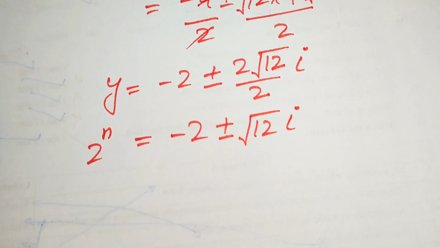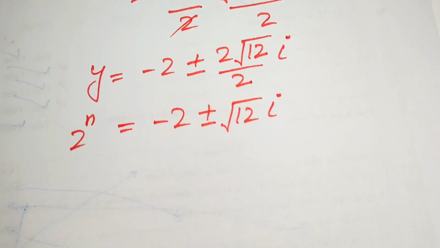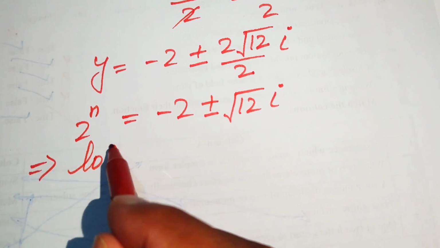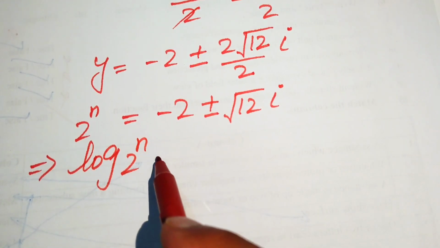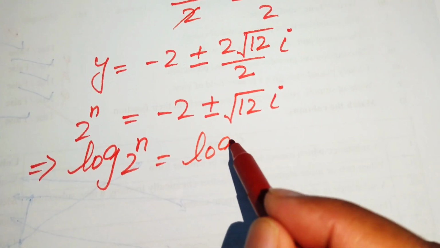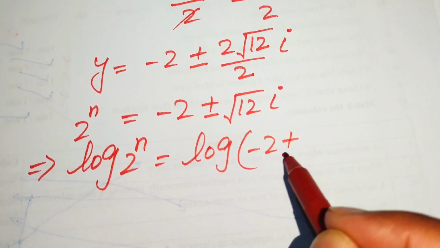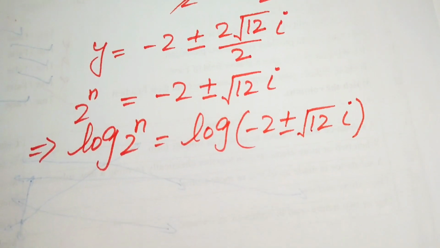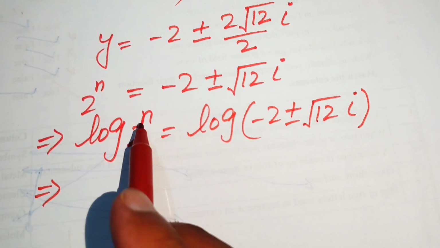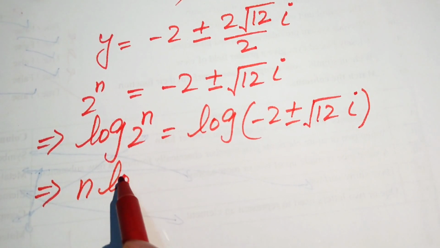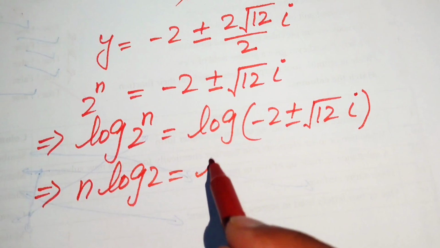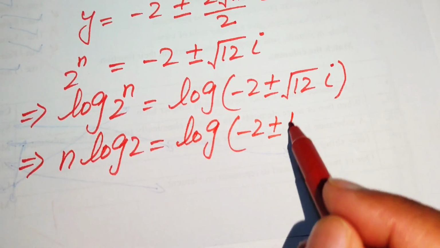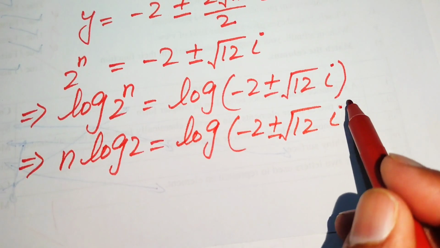So now in order to find the value of n, we need to take the log on both of the sides, so that when we take a log on both of the sides, it is written as log of 2 to the power of n equals to log of minus 2 plus minus square root of 12 into iota. So here we use the property of log, and we move this n in the front of this log, and it is written as n times log 2 equals to log of minus 2 plus minus square root of 12 into iota.